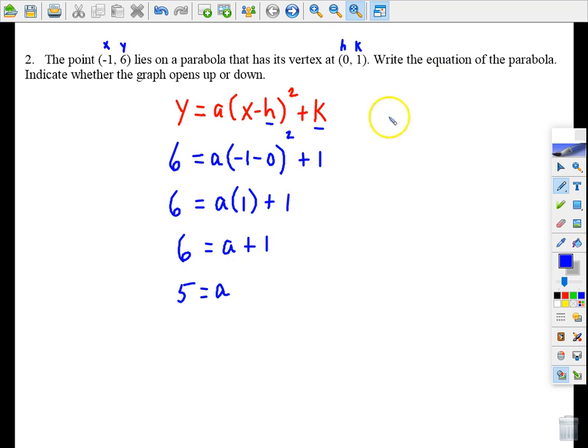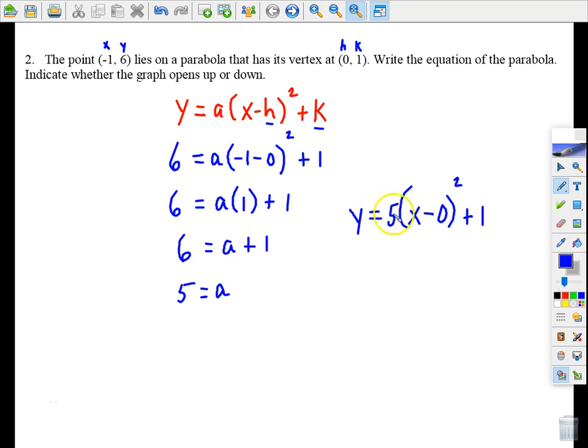Okay, so now I'm going to write my equation for the parabola, and I'm just going to write it in vertex form. So here's what it looks like. Y equals, I now have a number that I can put in for A. It's 5 times the quantity X minus H, which is 0, squared plus K, which is 1.